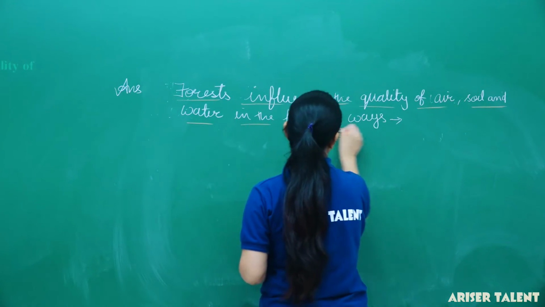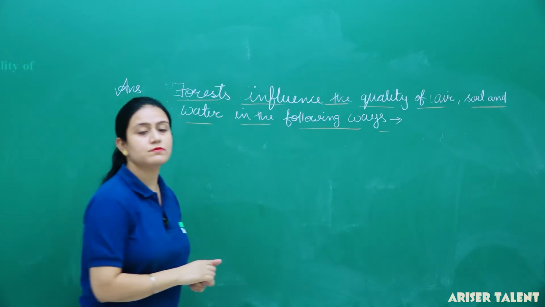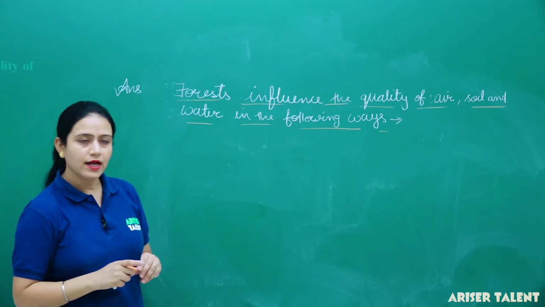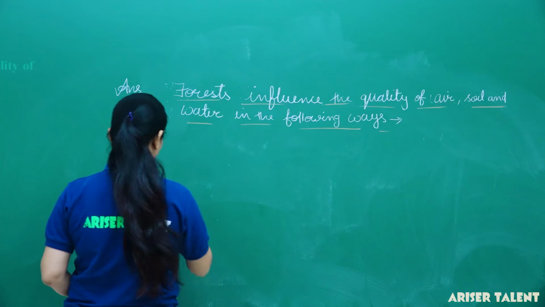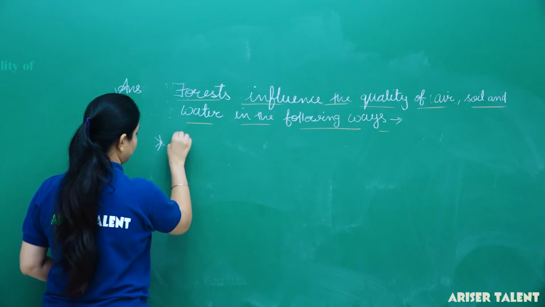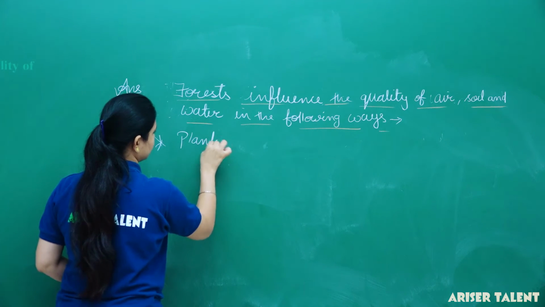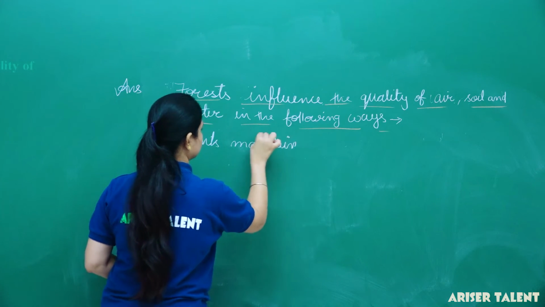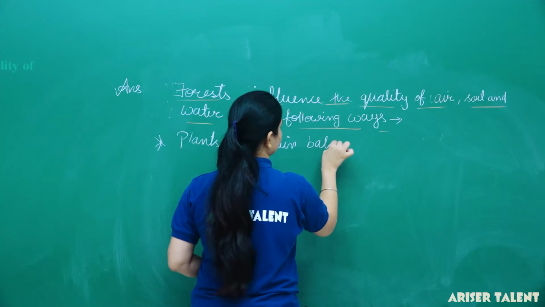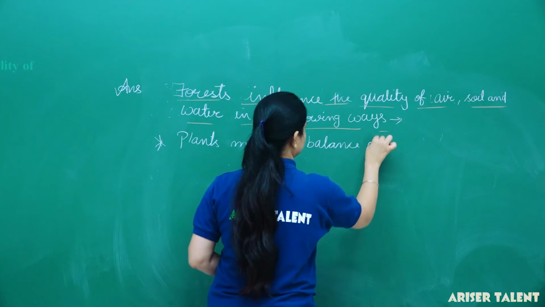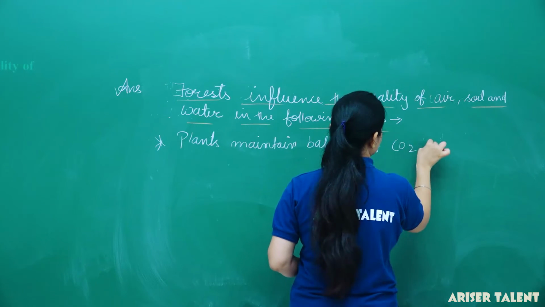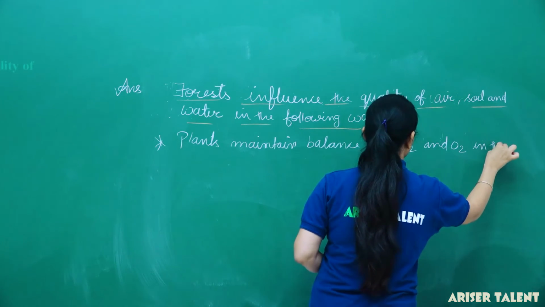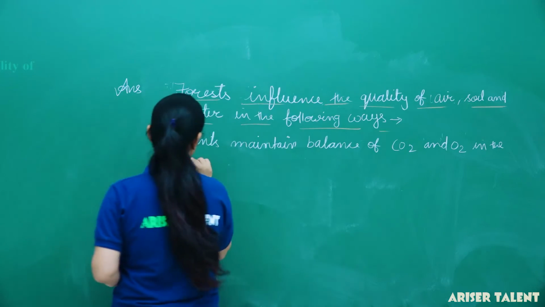if we grow more and more plants, definitely plants will maintain the balance of carbon dioxide and oxygen in the atmosphere.